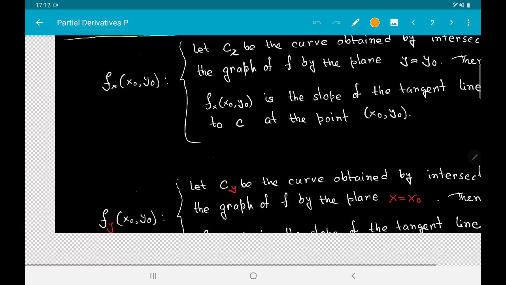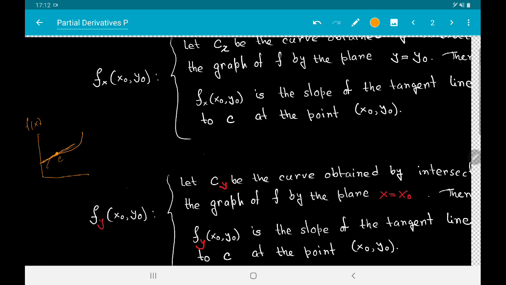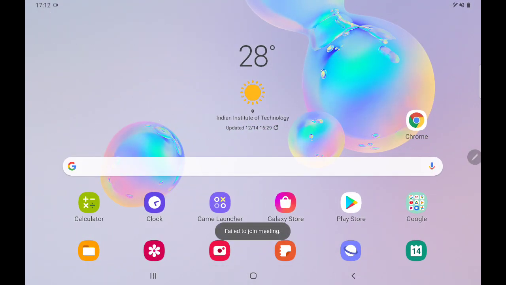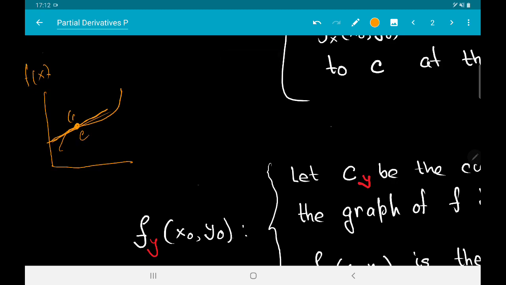What happened in calculus in one variable was that if we were given a function f(x), then we would just plot y equal to f(x), and if it was our point c, then f dash c would be the slope of the tangent at the point c comma f of c. So this point is nothing but c comma f of c.